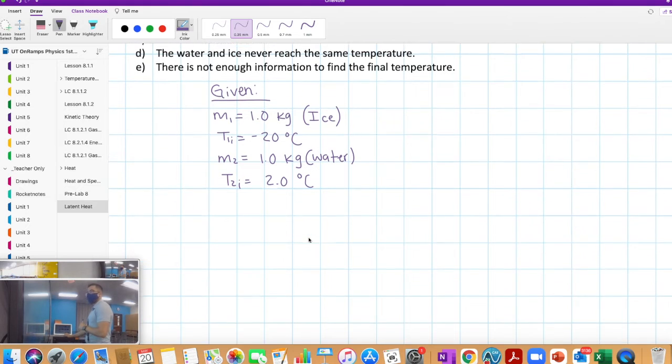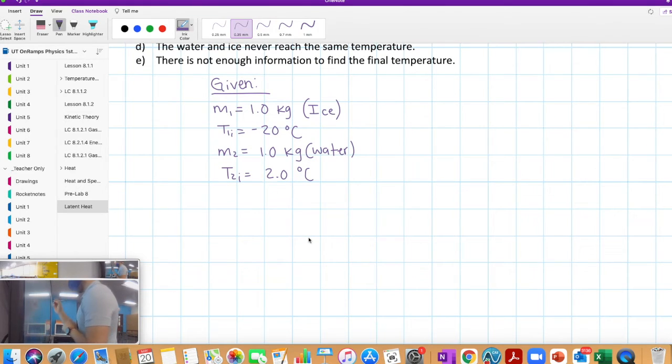And we have specific heat of ice. We're going to call that C1, 2090 joules per kilogram times degrees Celsius. Notice how we have kilograms this time.